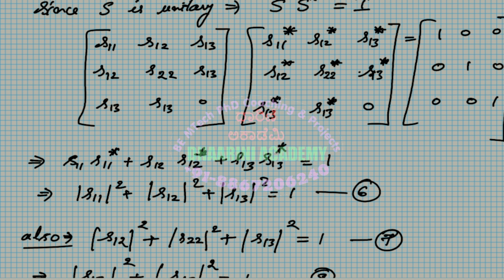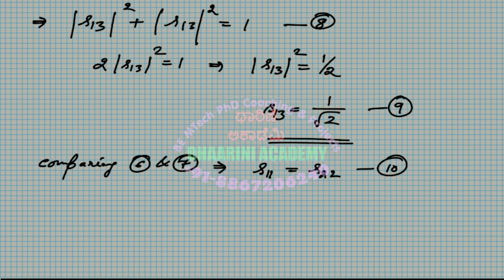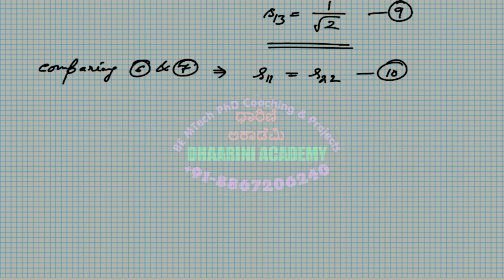I'll just write here, for your reference, R3 into C1. First matrix row 3, second matrix row 1. Sorry, column 1, my mistake.